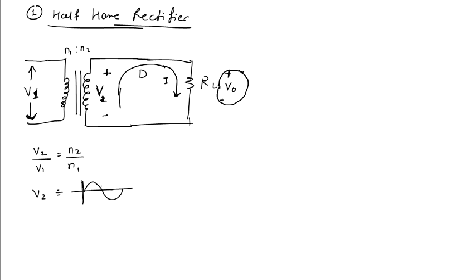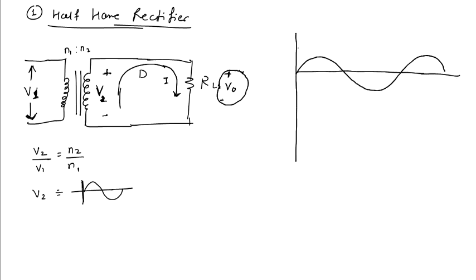If V2 is increasing and decreasing, this voltage V0 is also increasing and decreasing with the input voltage. So this was the case during the positive half cycle. This is the input waveform, or we will call it voltage V2 at the input of this rectifier, or it is the secondary voltage of the transformer.